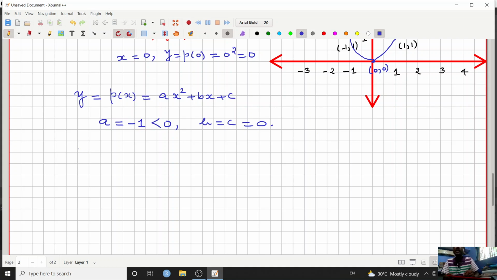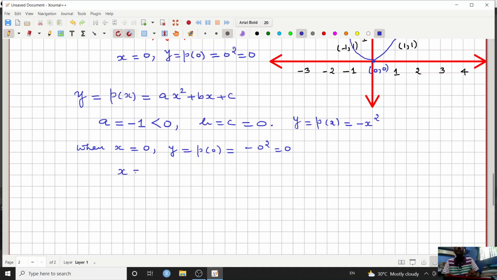Now what will happen? As we did in the earlier case, when x is equal to 0, y is p of 0. In this case y is equal to p of x, which is minus x square. So this is minus 0 square, which is 0.